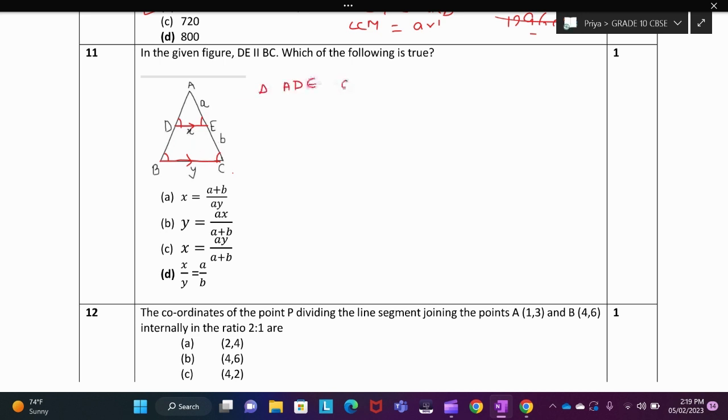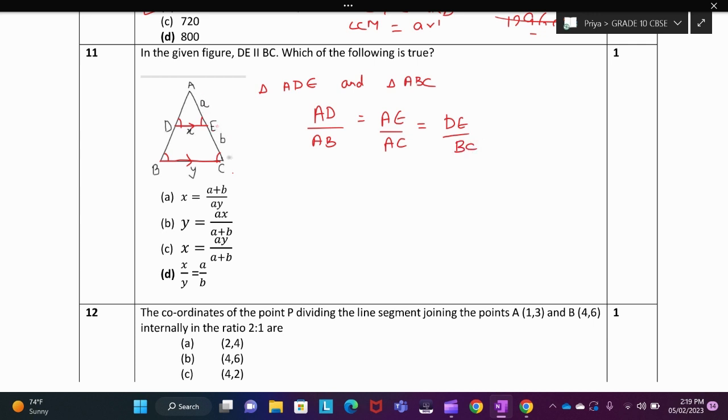So I can say triangle ADE and triangle ABC are similar triangles. If they are similar triangles, their sides are in proportion, which means AD by AB is equal to AE by AC, which is equal to DE by BC, isn't it?